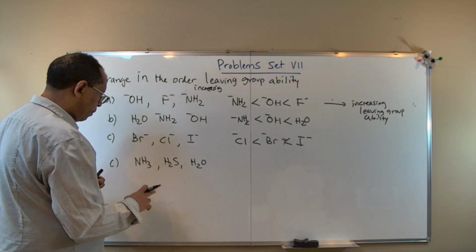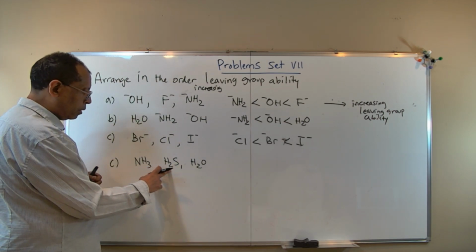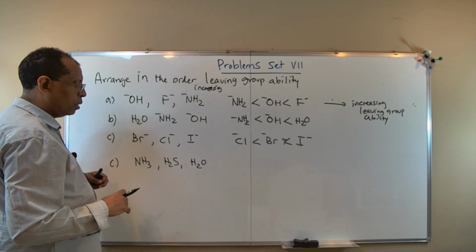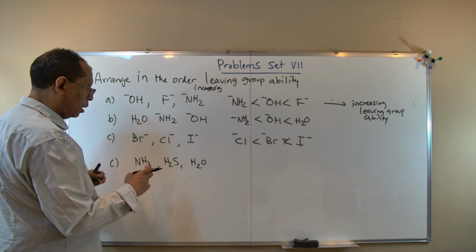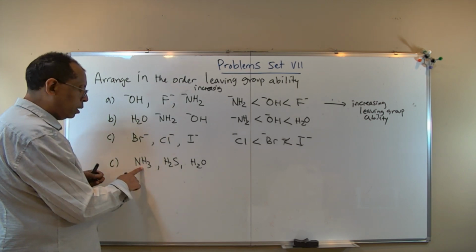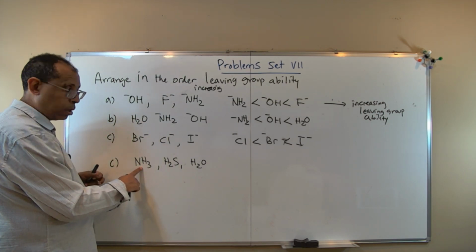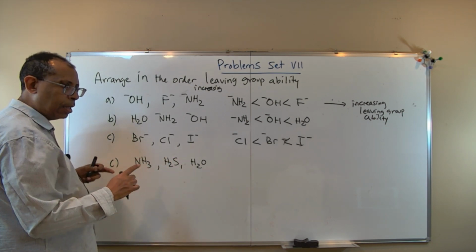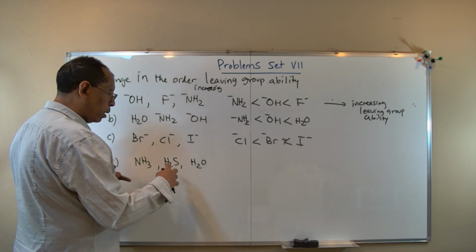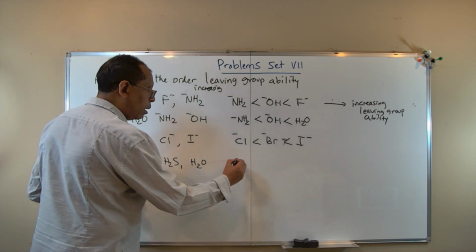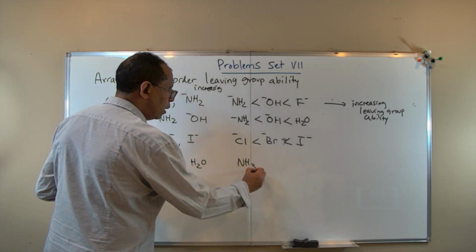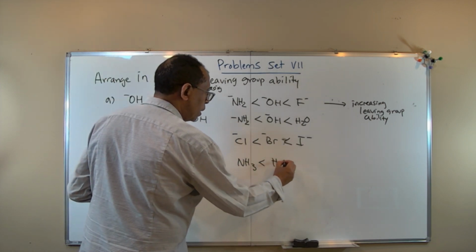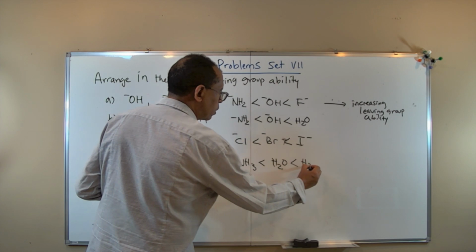Here we have ammonia, hydrogen sulfide, and water. All these are neutral molecules. So as a leaving group ability, ammonia is the most basic, stronger basic than water, and hydrogen sulfide is the least basic one. So leaving group ability would be ammonia is the least, next would be water, and next would be hydrogen sulfide.